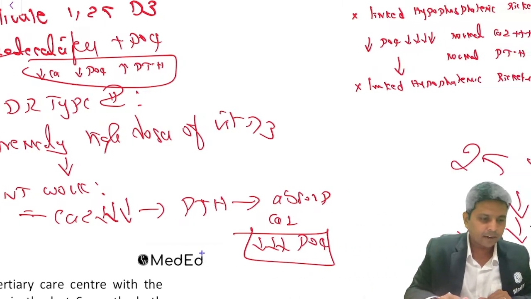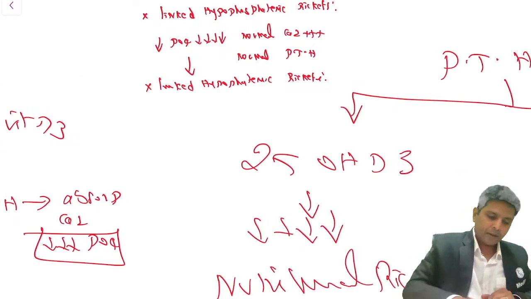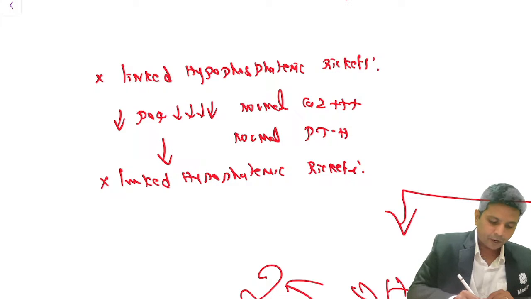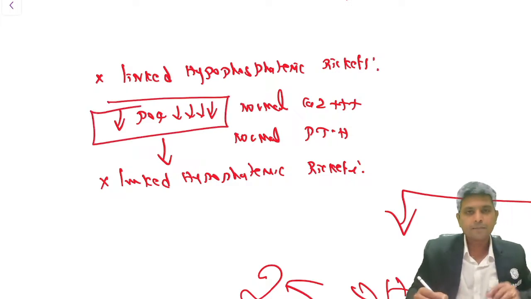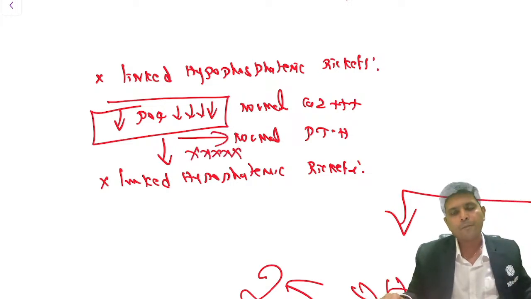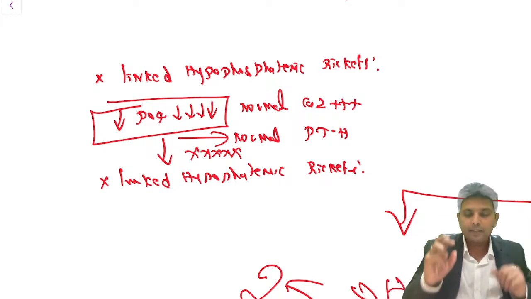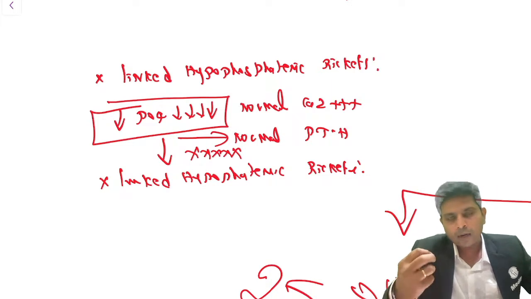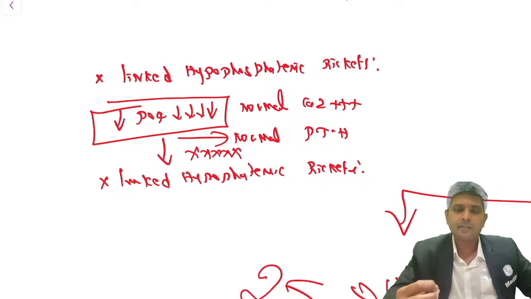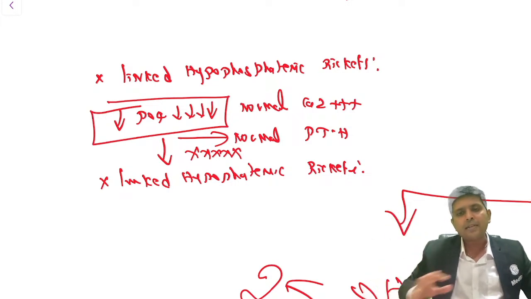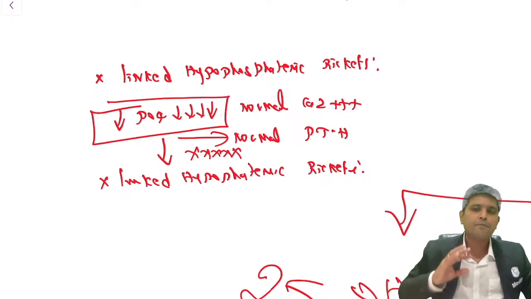Whereas in X-linked hypophosphatemic rickets, the predominant affected thing is low phosphorus. This low phosphorus will not stimulate the parathyroid hormone. Parathyroid hormone will be secreted only in the presence of hypocalcemia and not in the presence of hypophosphatemia. Parathyroid hormone doesn't bother about the blood levels of phosphorus.